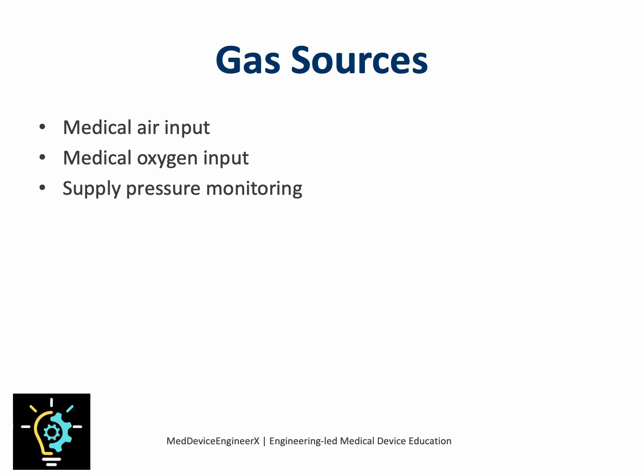If supply pressure falls outside acceptable limits, the ventilator will generate alarms to protect patient safety. From an engineering perspective, many ventilation issues originate upstream of the ventilator. Understanding the condition of the gas supply is the first step in diagnosing flow-related problems.